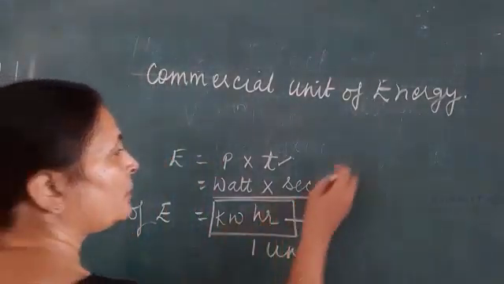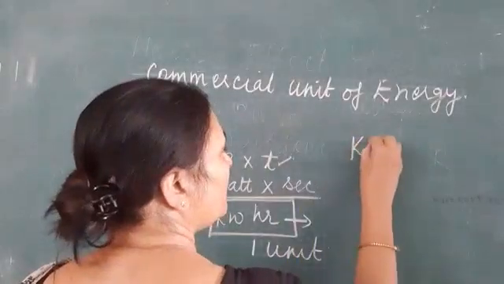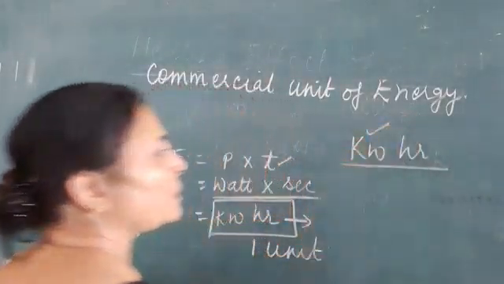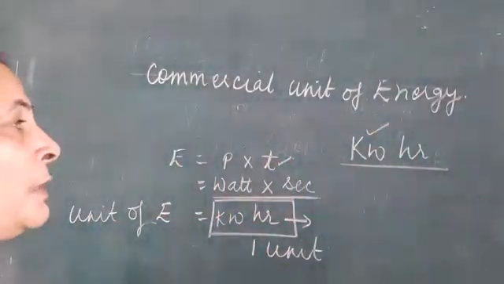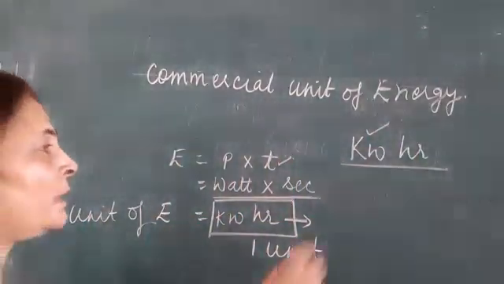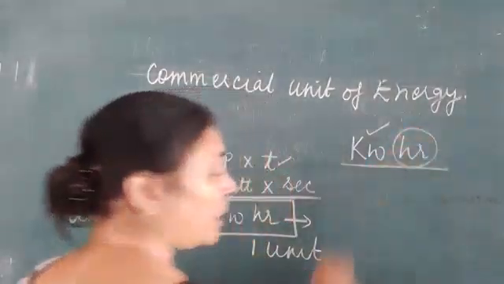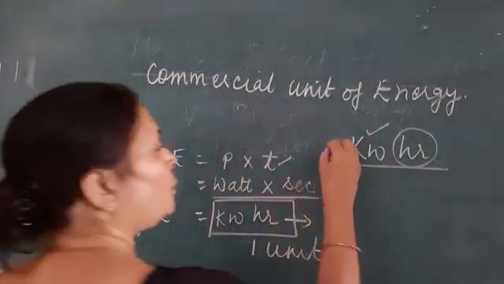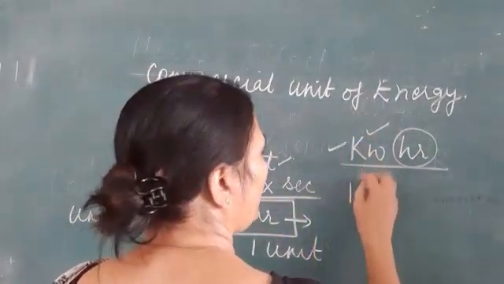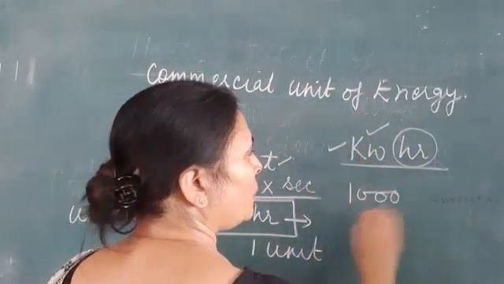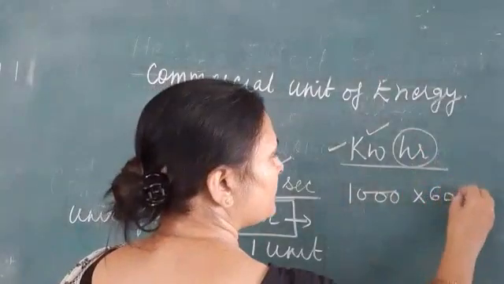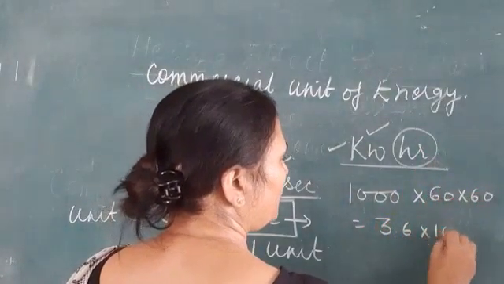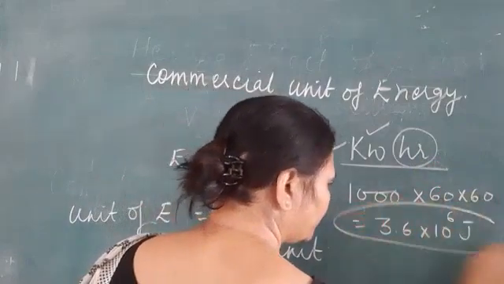So the commercial unit of energy, I am again repeating, is kilowatt hour. You have to remember, as you see kilowatt, students get confused that it is a unit of power, but when time is also written over here, take care that it is a unit of electrical energy. And if you want to convert it into joules, simply kilowatt into watts, hours into seconds, and this is 3.6 into 10 to the power 6 joules.